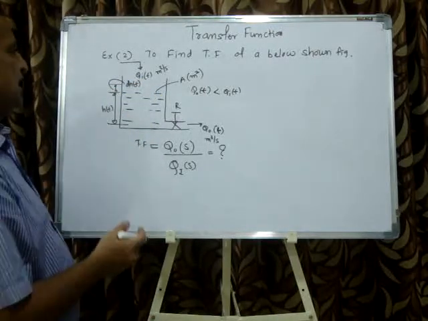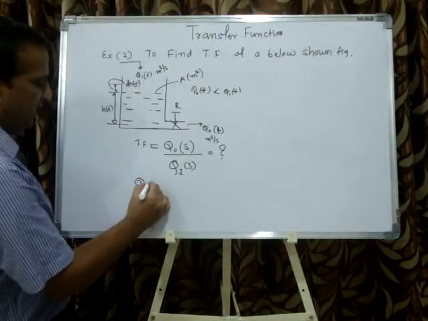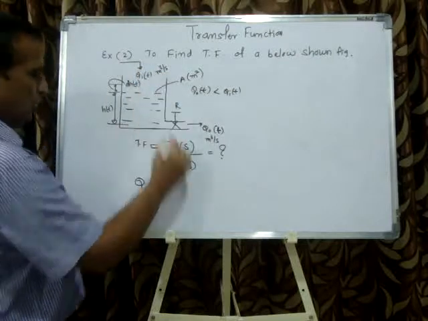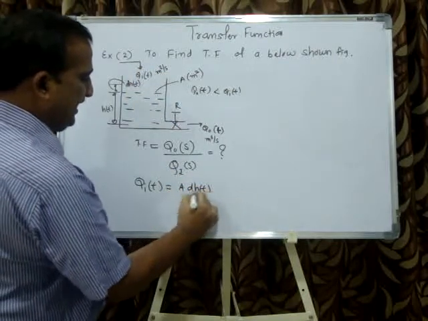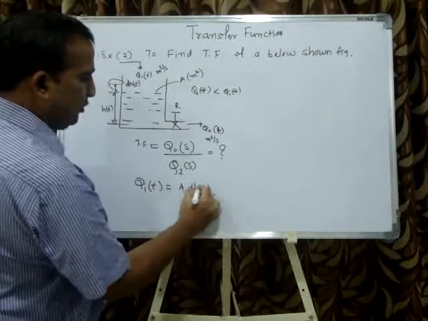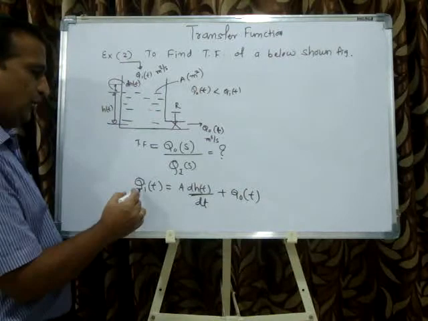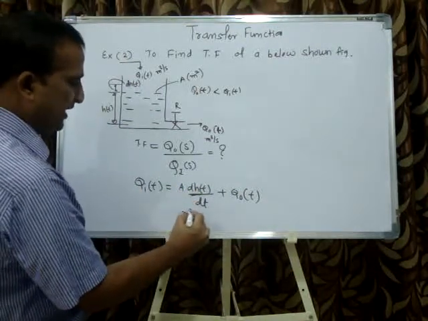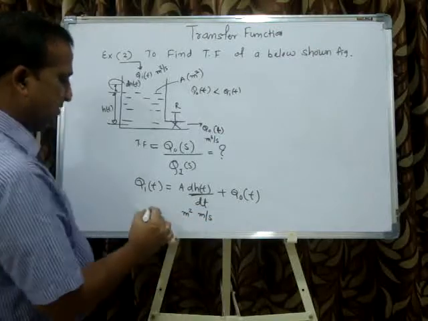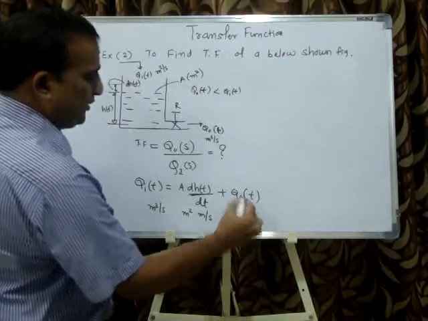Now with the area of cross section, I will apply Qi of T equal to inlet discharge equal to liquid stored in the tank, A dH by dt, plus Q0, because it should be meter cube per second. Q0 is also meter cube per second, Qi is also meter cube per second, and A dH is meter square into meter per second, that is meter cube per second. This is also meter cube per second.